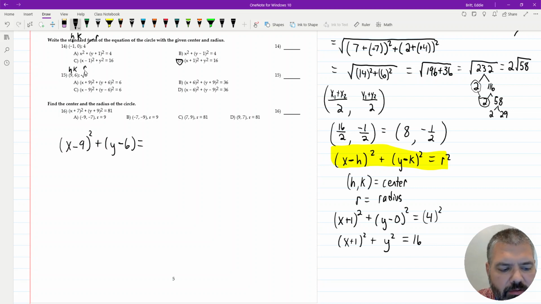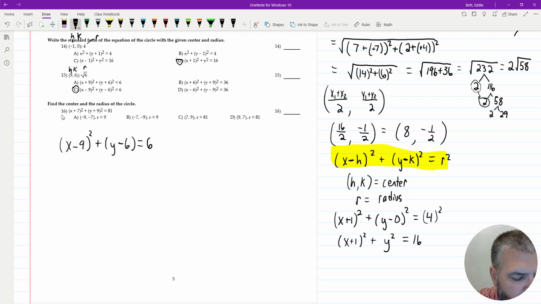So if I said the square root of 6 times the square root of 6, I would just get 6. So there's my answer. All right, so I have a minus here, I have a minus here, so I got to make sure of that. And then the square root of 6 squared was just 6. So that means it's got to be C.